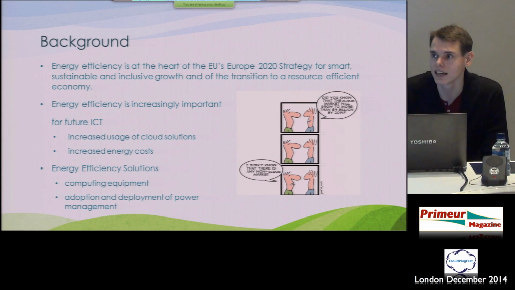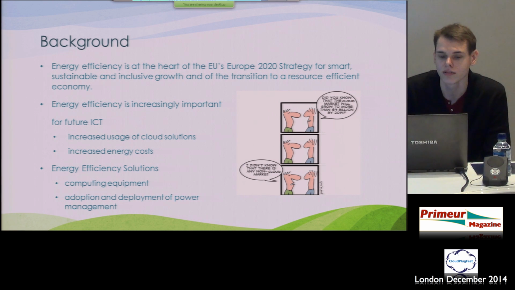So we've seen a dramatic increase in the use of cloud solutions and the associated data centers that come with those, and also the increases in energy costs. So to tackle these energy-related issues, people are trying to come up with energy-efficient solutions to computing equipment and power management strategies.